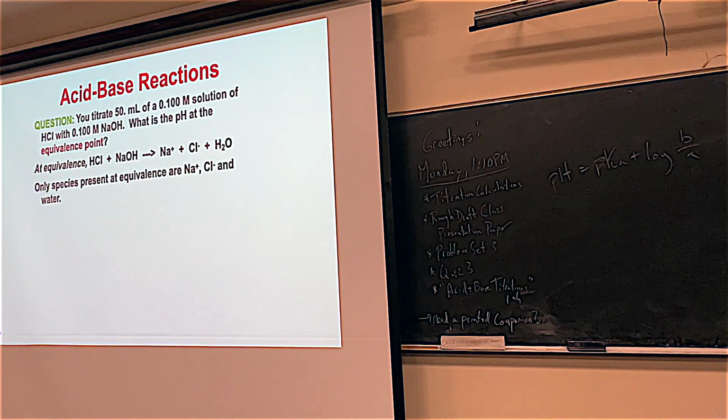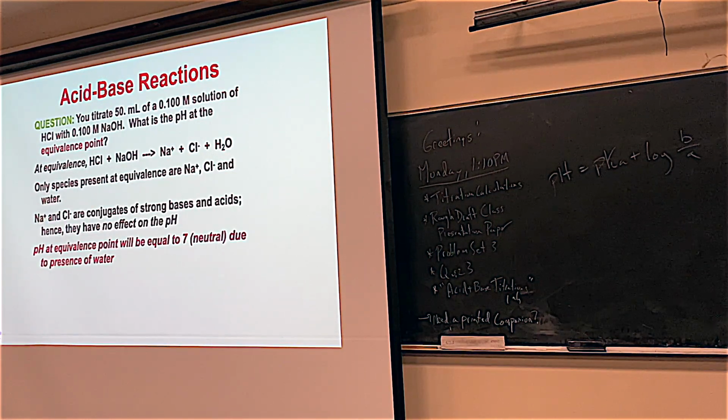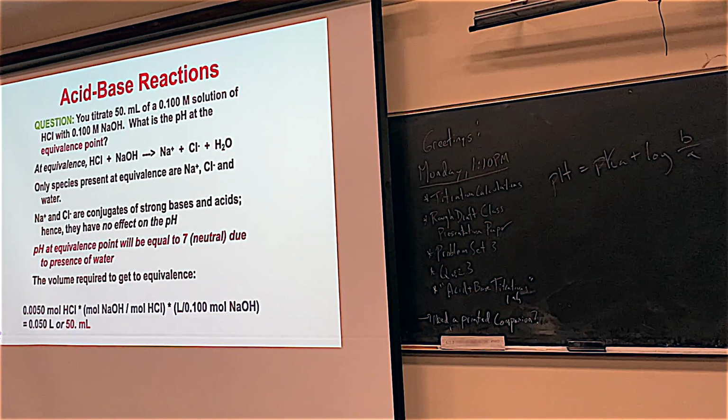And the only thing that creates a pH there is water. And if water is totally pure, the pH is just going to be 7. So the nice thing about the equivalence point for strong acid, strong base interactions is it's always equal to 7, which is totally cool.